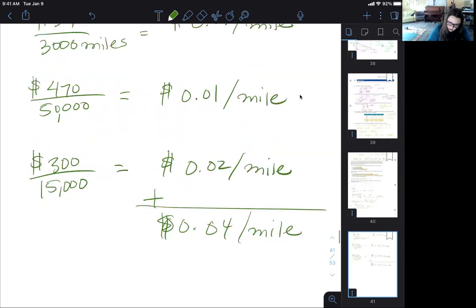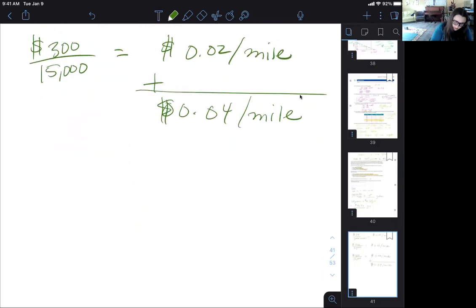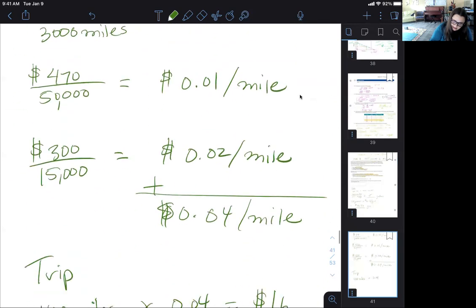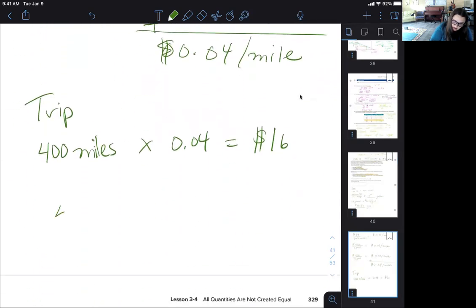So I'm driving 400 miles, so 0.04 times 400 miles gives me $16. So for the whole trip, all the maintenance would be $16.